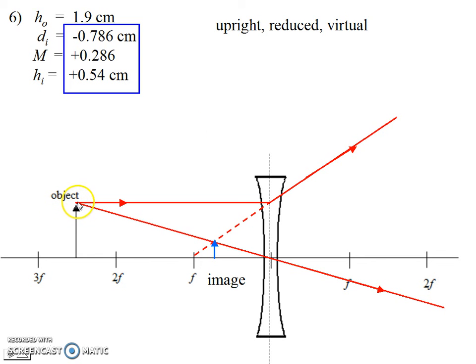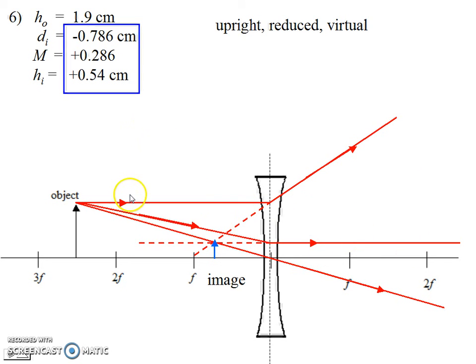Start from the tip of the object, head towards the focal point on the other side, but remember, we've got to stop at the dashed line. What happens when it gets to the dashed line? It's going to refract. We know it's going to refract parallel to the principal axis. As it's diverging, we spread it apart, we trace it backwards, and it should intersect the other two. We'll be really, really close. In the end, though, remember, you only need two of these rays, and as long as you find where they connect either on the other side or trace them backwards to this side, we've located the image.